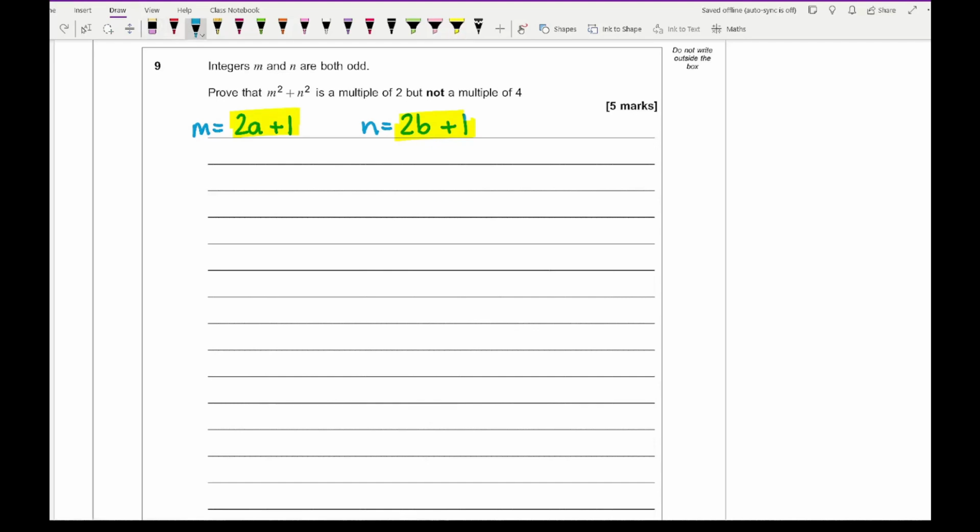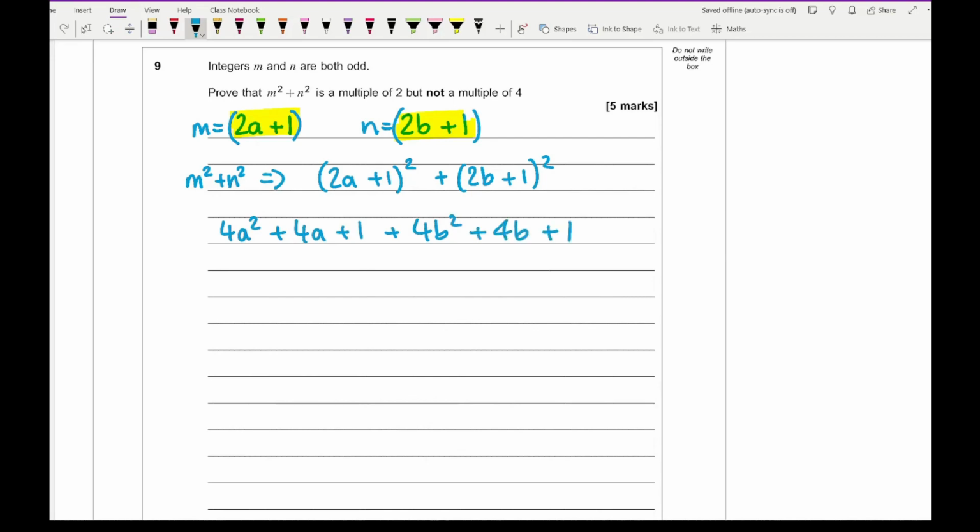So from this, what we can then do is work out what m squared plus n squared is going to look like. Taking m as 2a plus 1 and n as 2b plus 1, we end up with (2a plus 1) squared plus (2b plus 1) squared. Then if I expand the brackets out, I get 4a squared plus 4a plus 1 plus 4b squared plus 4b plus 1.